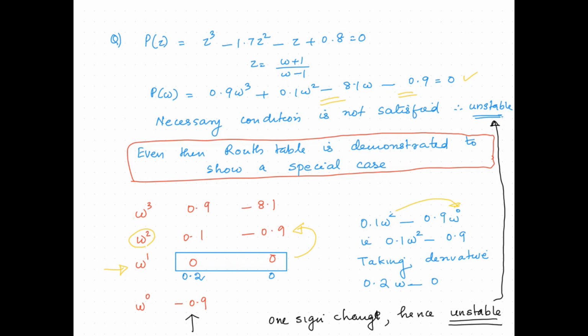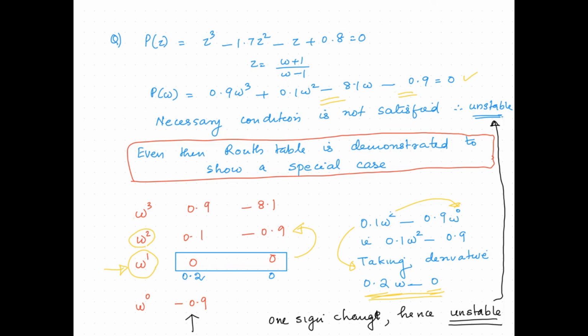So 0.1 W square minus 0.9 W raised to 0. Take its derivative. We get 0.2 W minus 0. So these coefficients 0.2 and 0 can be used for the next row, that is W raised to 1, wherein we got both the elements as 0. So it is replaced by 0.2 and 0, and we continue the procedure.